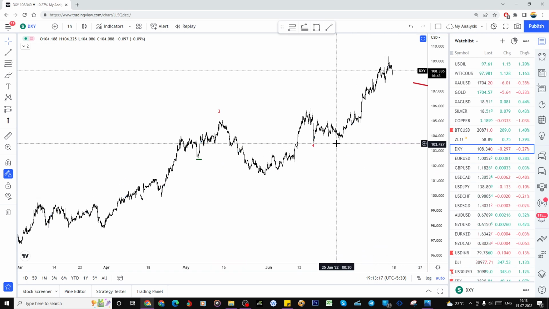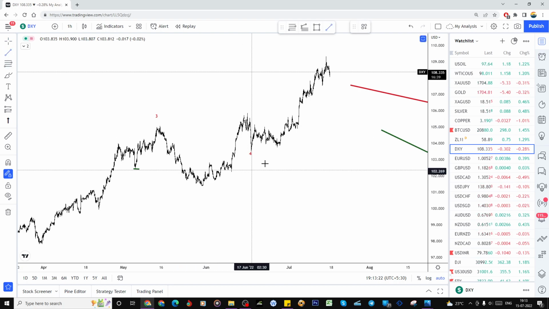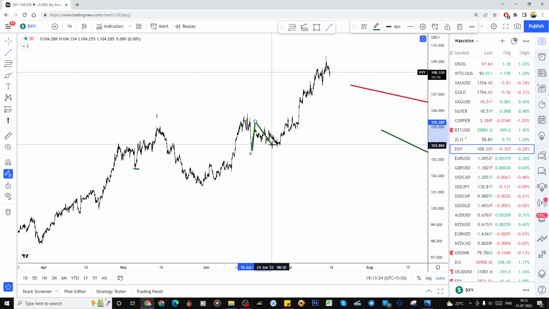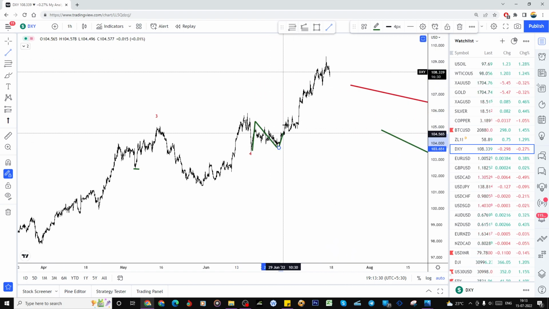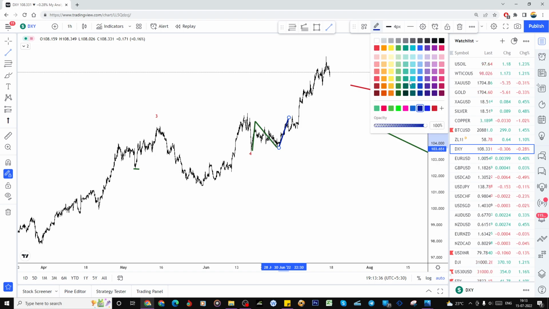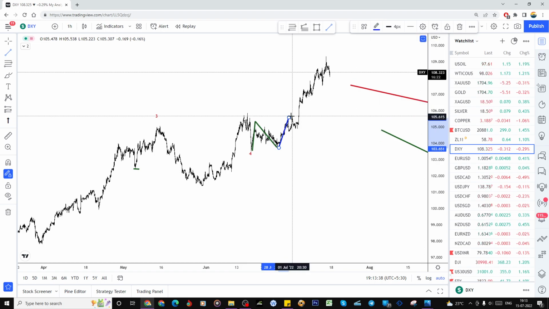So this is an irregular flat formation, a running flat, and now this could be the wave 1 and this is the wave 2. It's a bigger 2 in that fifth wave, and later onwards we can mark it in this blue color. I already informed that this is the possibility I'm explaining.